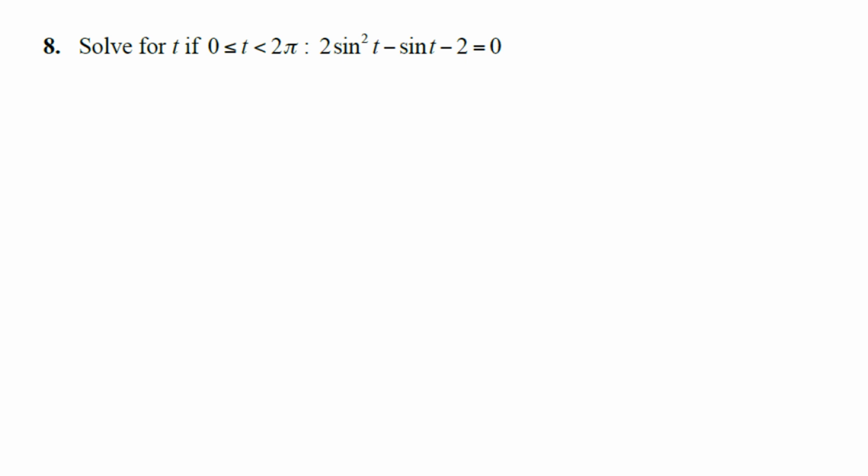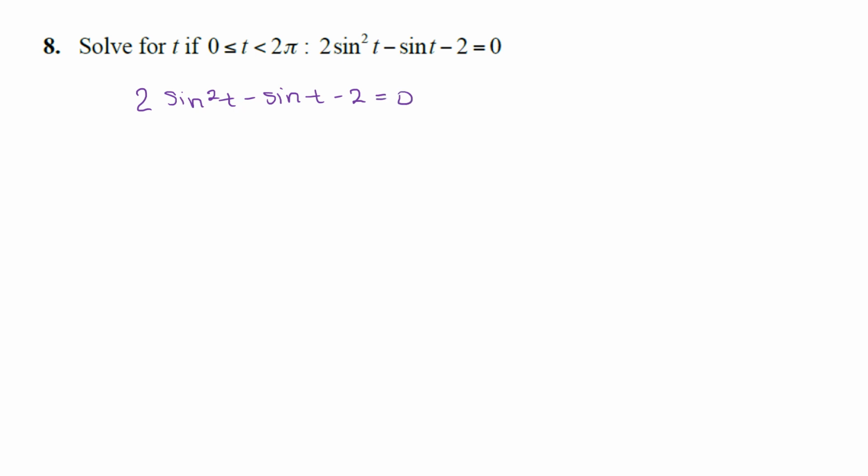Okay, number 8. So here we're asked to solve for t again, where t is between 0 and 2 pi. Okay, so we want our angle measurement in terms of pi. So that can be written as a decimal or with the symbol pi. And our equation is 2 sine squared t minus sine t minus 2 equals 0.